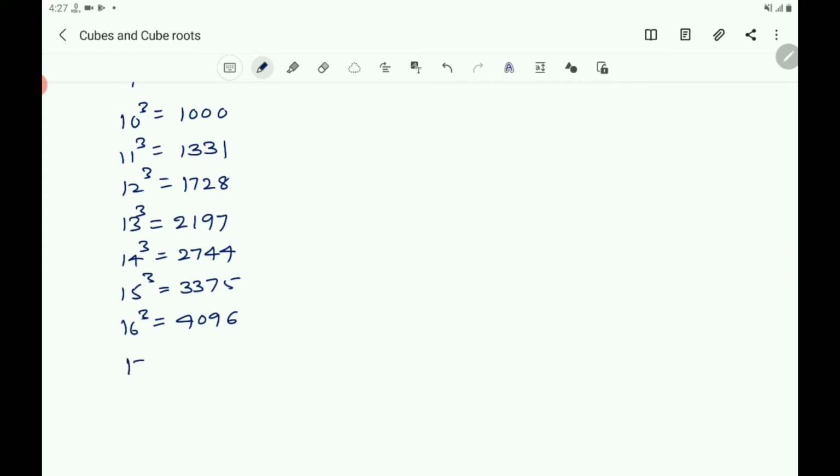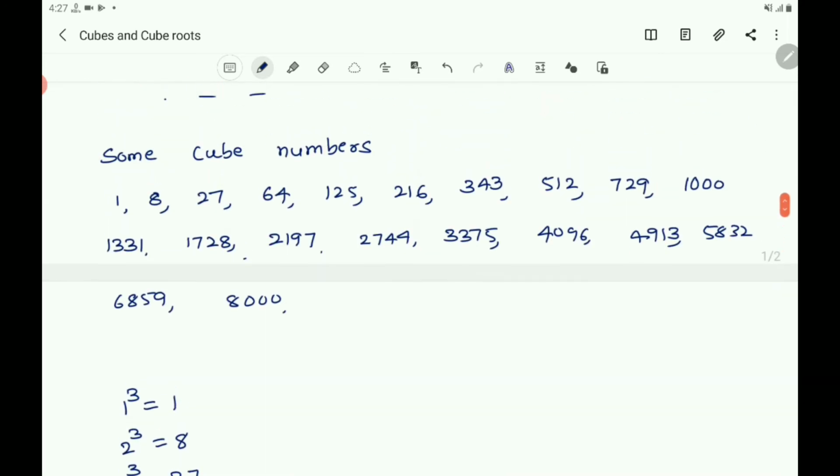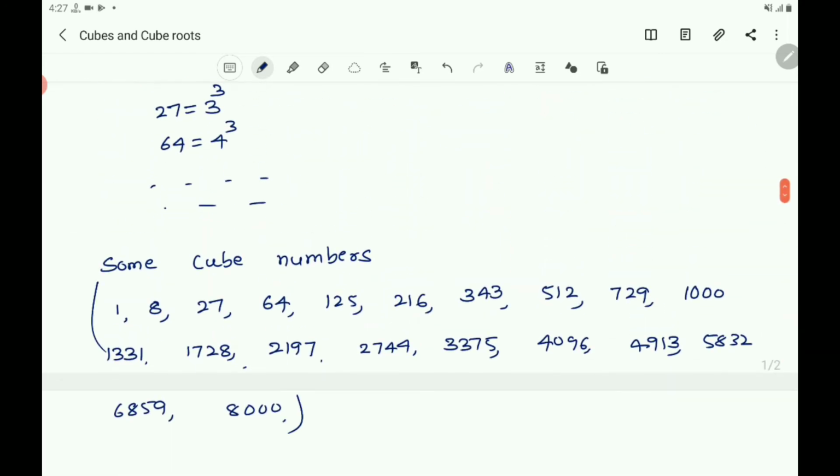Then 17 cube equals 4913 and 18 cube equals 5832 and 19 cube equals 6859 and 20 cube equals 8000. Here I have written all these. These are the cubes of the numbers from 1 to 20.